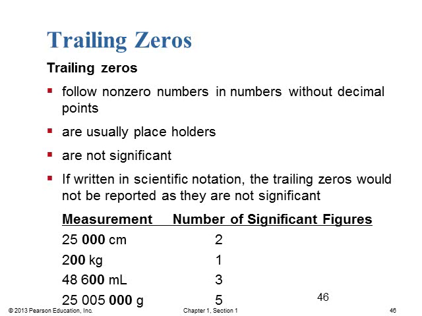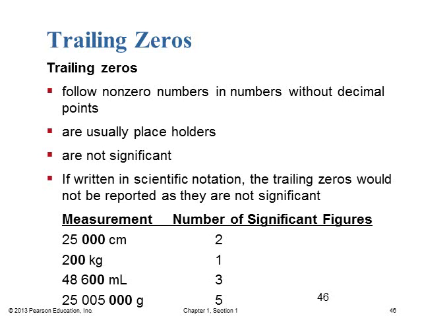In the measurement of 25,000 centimeters, those trailing zeros have no decimal point, so those zeros are not significant. It's just the 2 and the 5 that are significant, so there are two significant figures. 200 kilograms, those two zeros are not significant, one significant figure. 48,600, those two zeros are not significant, three significant figures.